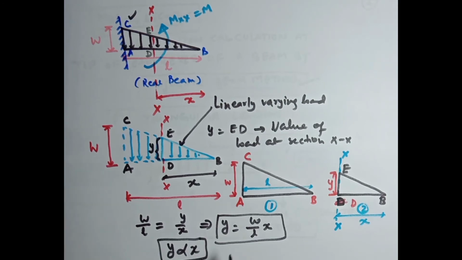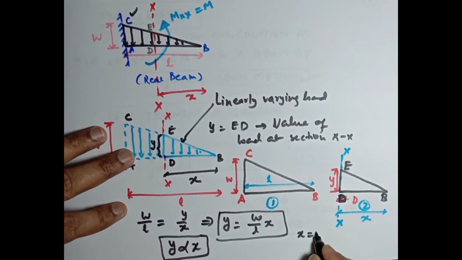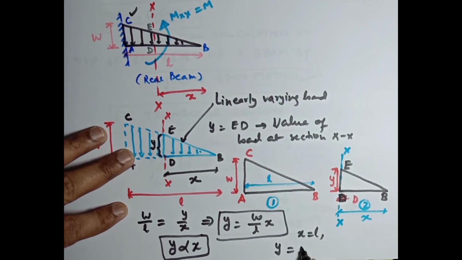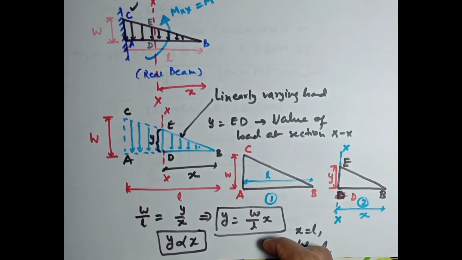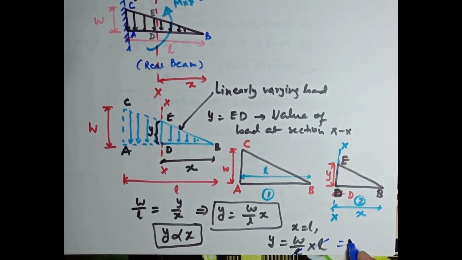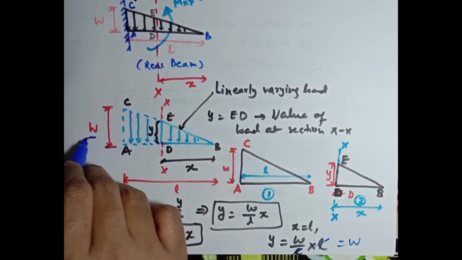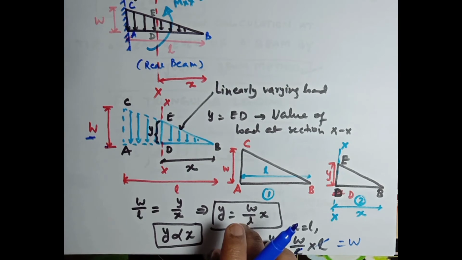If you put x equal to L in this expression, the y value will be W divided by L into L, L will get cancelled, and it will be W. So the maximum value at the support will be W, and this is the linearly varying load.